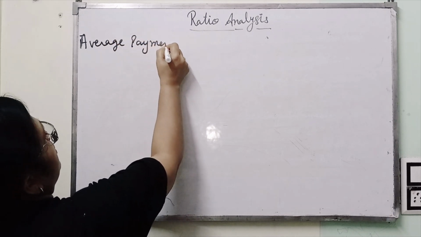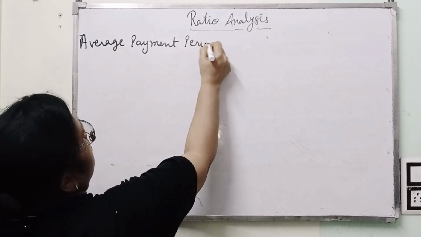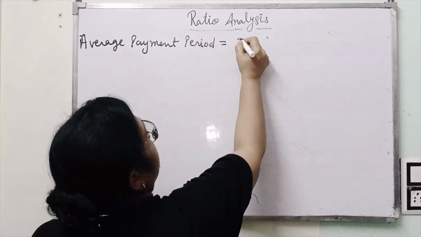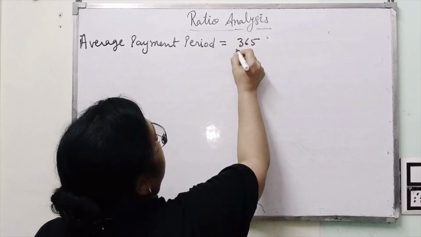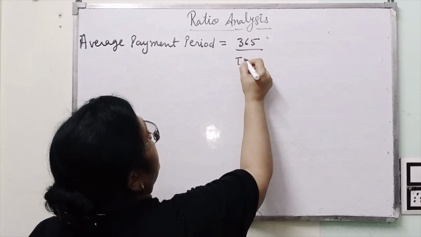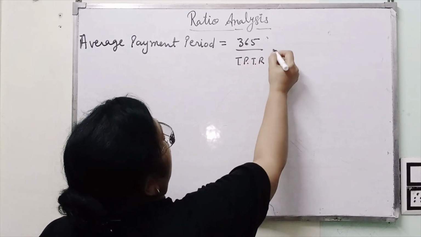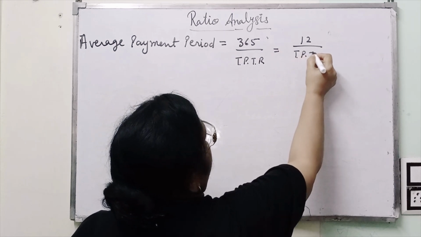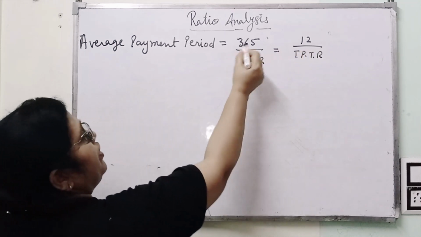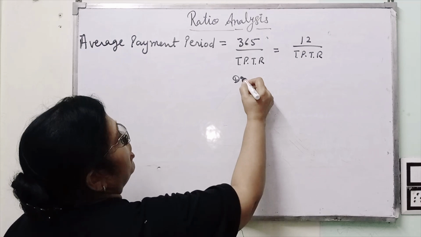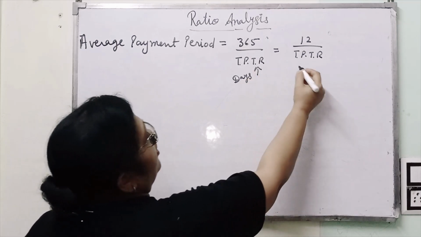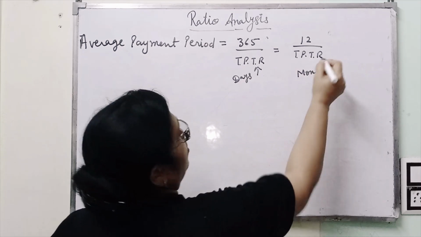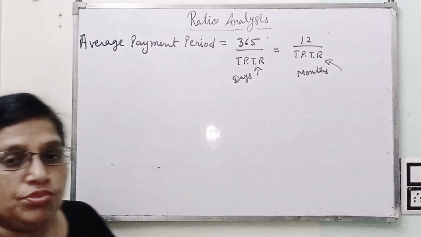Average payment period is equal to number of days, 365, upon trade payables turnover ratio, or in the case of months, 12 upon trade payables turnover ratio. If we have to calculate in number of days, then we use this formula, and if we have to calculate in months, then we use this formula. I think there is no doubt.